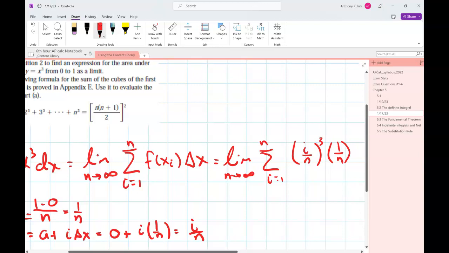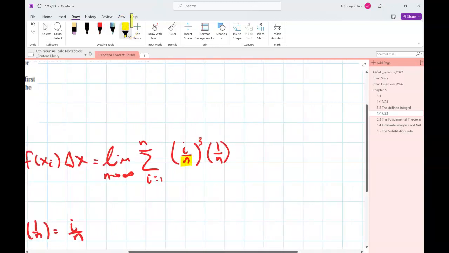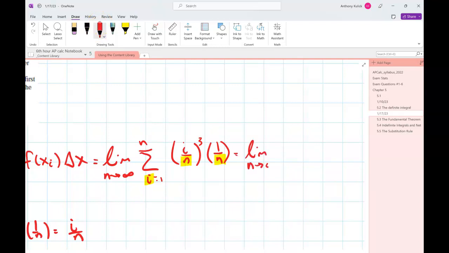So far, so good? Okay. I notice here that the n cubed and the n have nothing to do with the sum because the sum is only indexed for i's, so I can pull those out. But they do have to still be inside the limit.